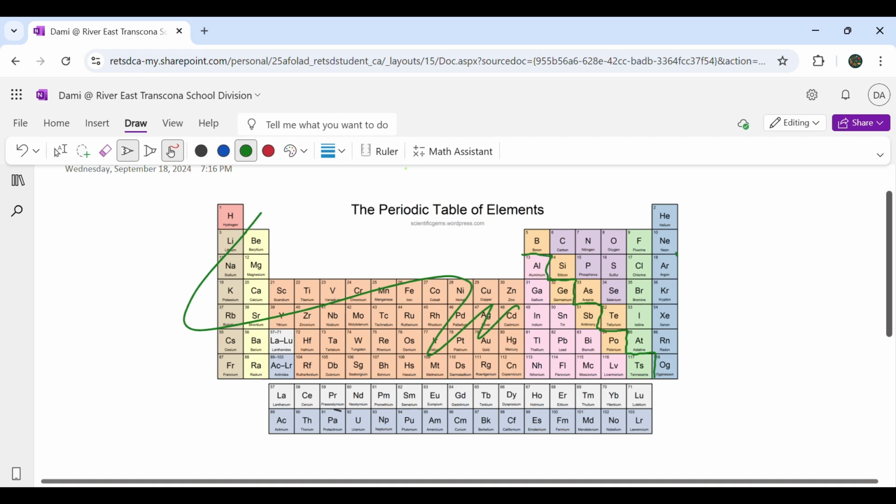All of these elements and aluminium are metals.